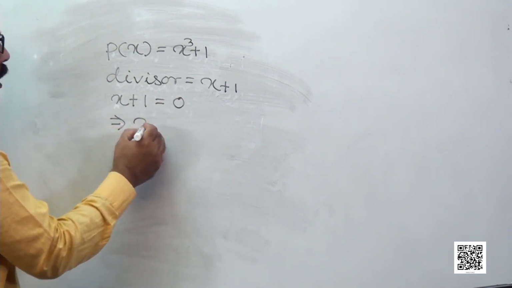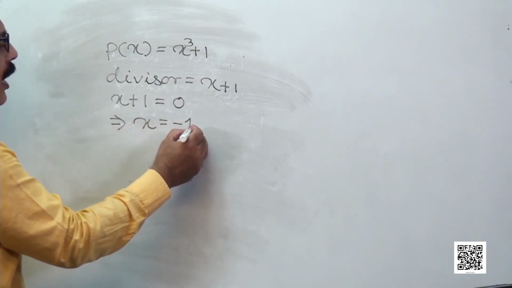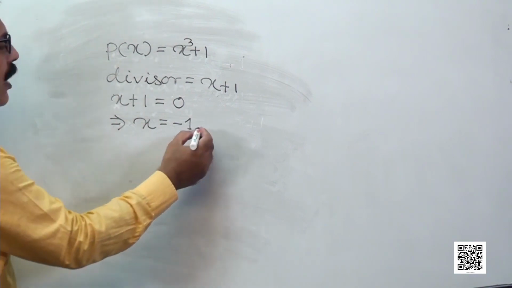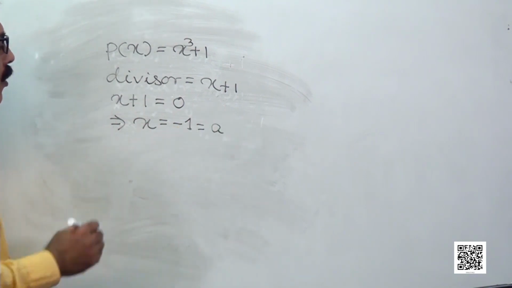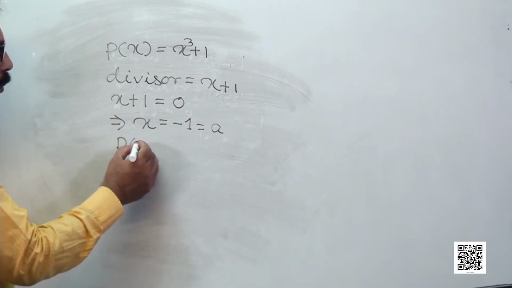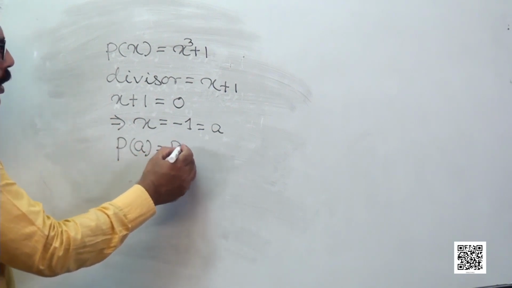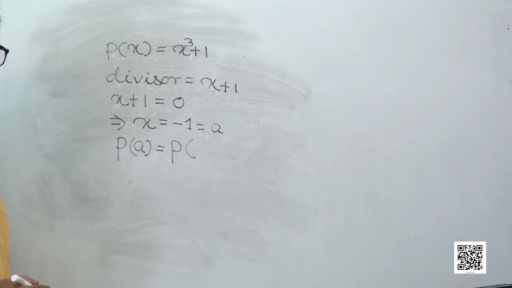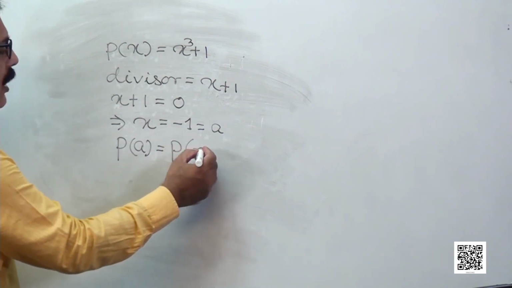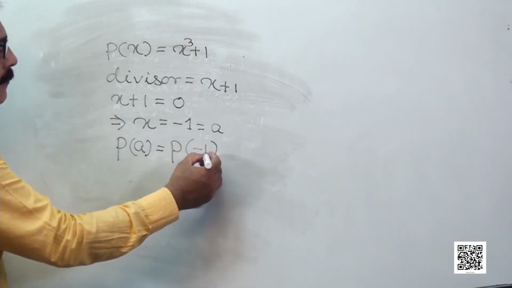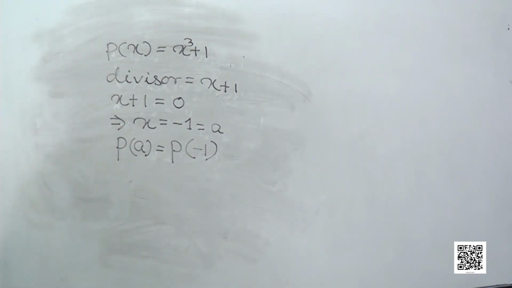That gives x equal to minus 1. So this is our a. We have to find P(a), means the polynomial value at minus 1.